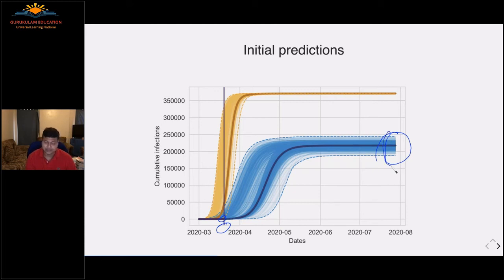And if we don't impose lockdown, meaning that this delta parameter that I initially introduced is 0, so people don't practice social distancing norms, then this could be really catastrophic, and we could have as many as 350,000 cases very quickly. So that's what we did back in March.